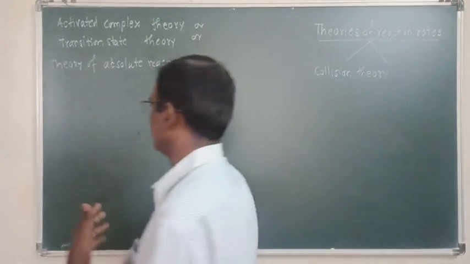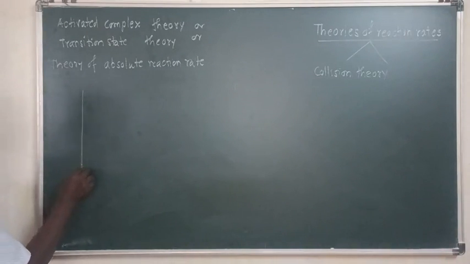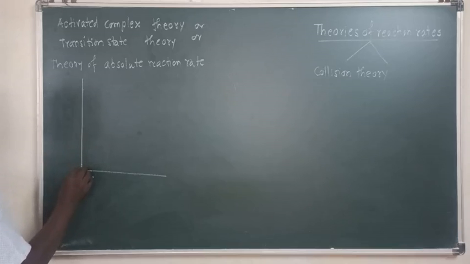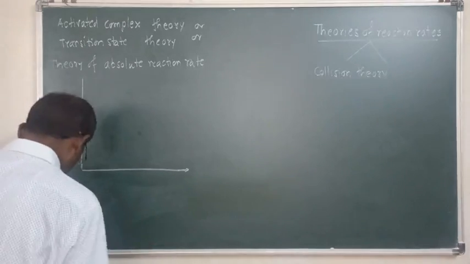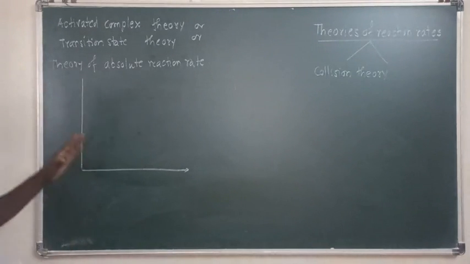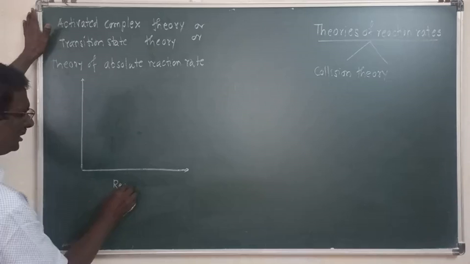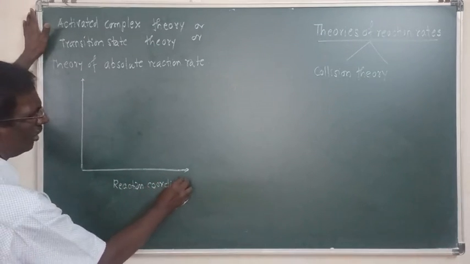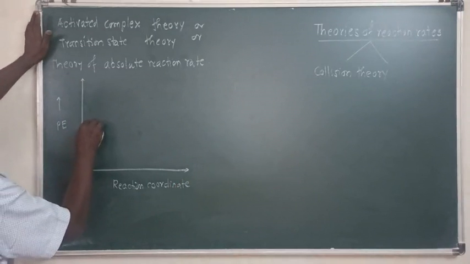Before we proceed, we see the energy profile diagram, the reaction profile diagram, like this. You must remember this diagram carefully because all the explanation is related to it. On the x-axis there is the reaction coordinate, on the y-axis there is the potential energy. Now look at this curve.